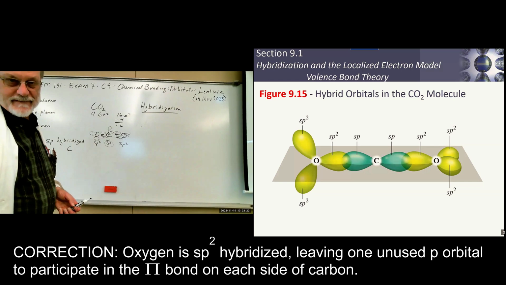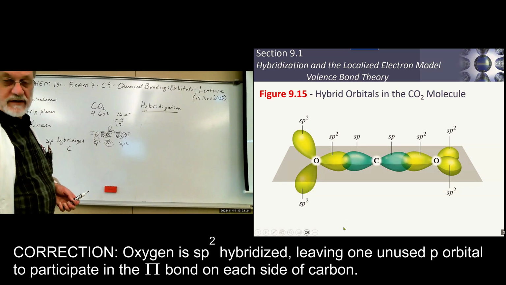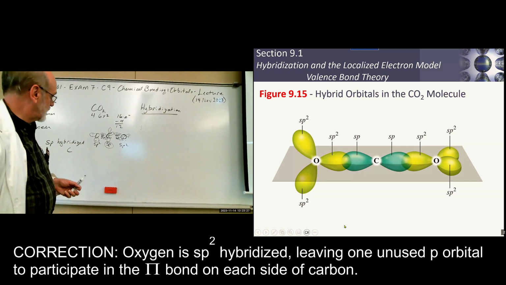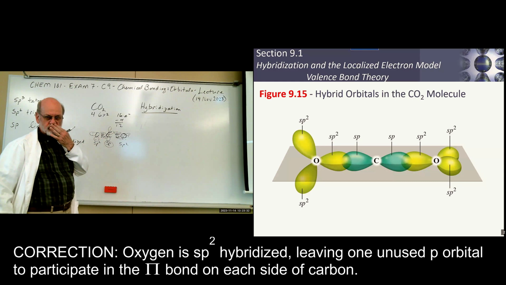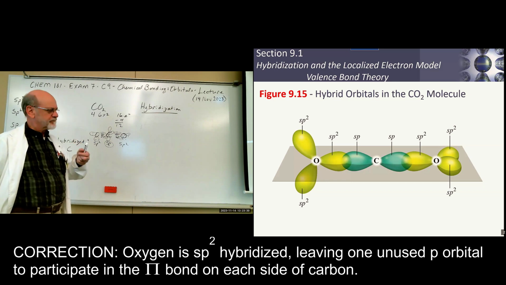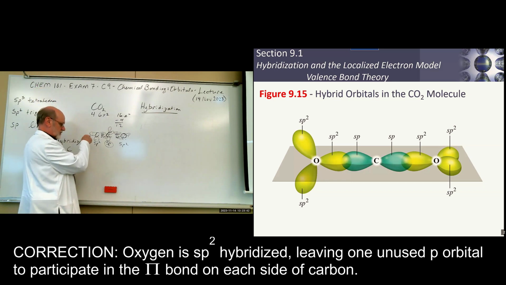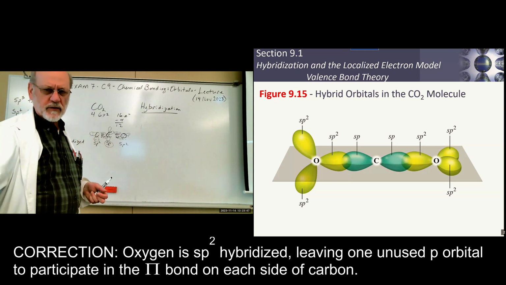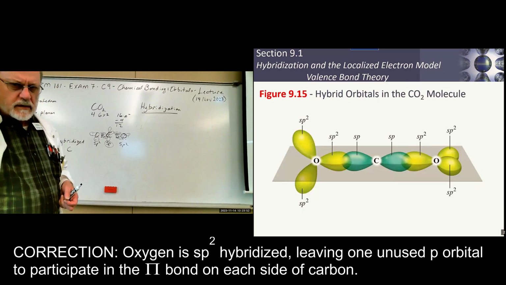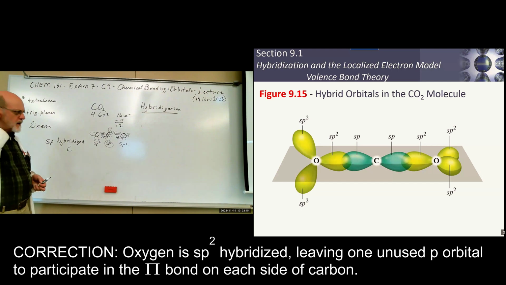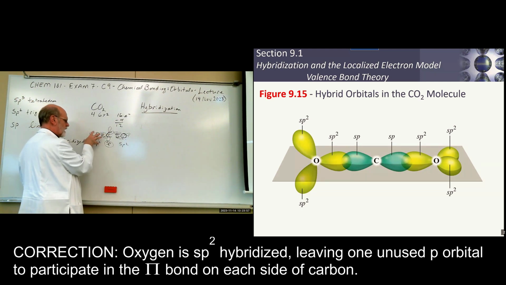That's where the lone pairs reside on oxygen. This shows the hybridization for carbon and for oxygen.